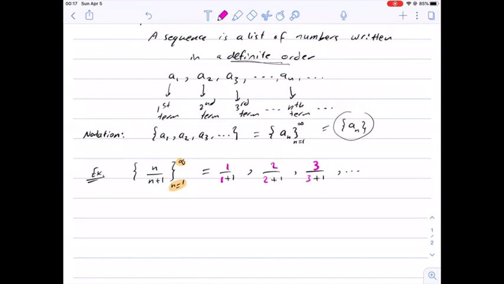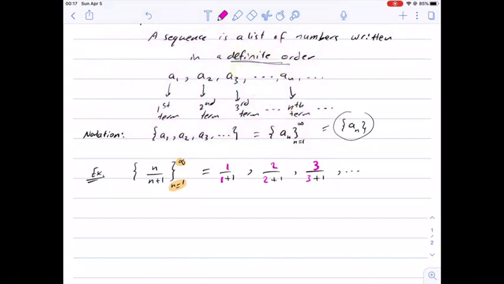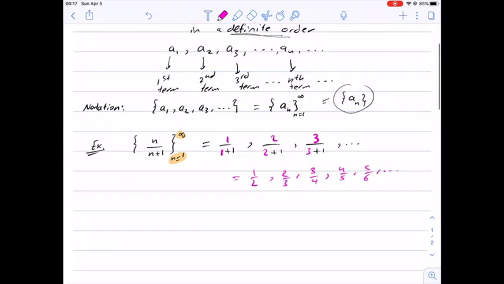If we substitute 3, we get 3 over 3 plus 1, etc. And then we simplify to get 1/2, 2/3, 3/4, 4/5, 5/6, etc. These are the terms of this sequence, and it's better to put them in set notation.